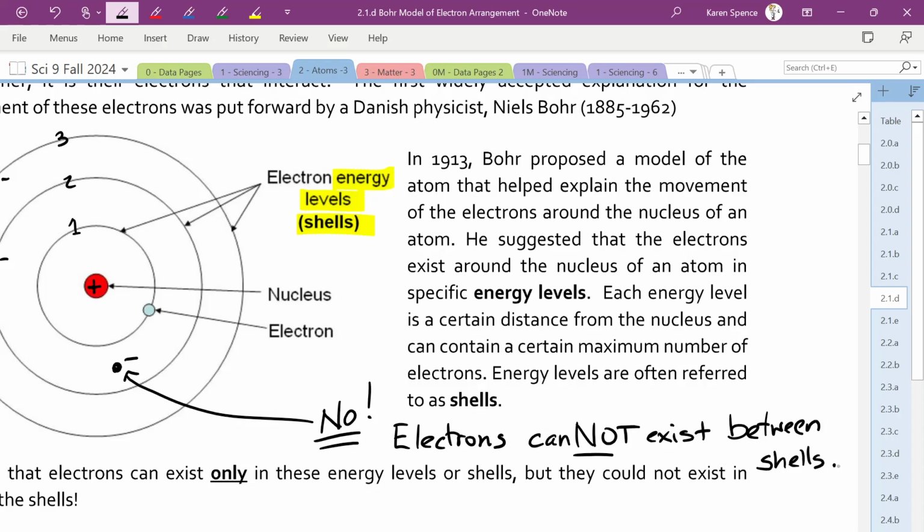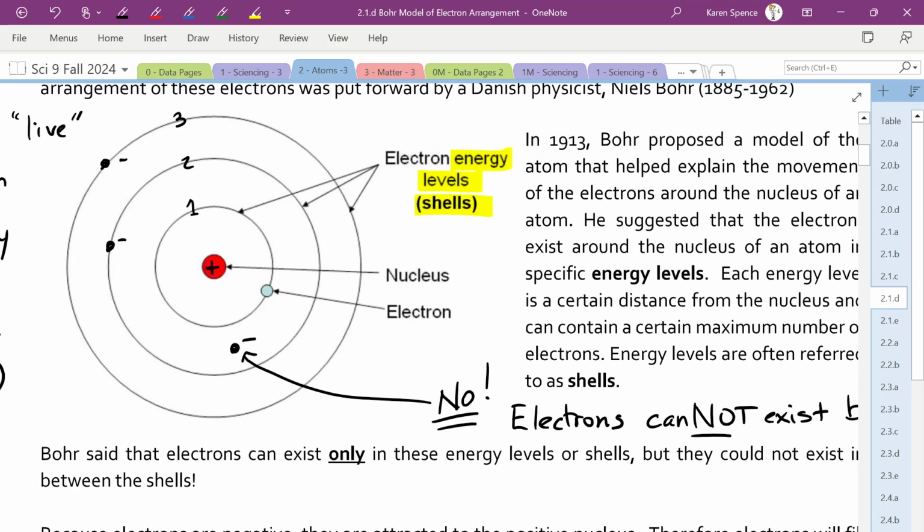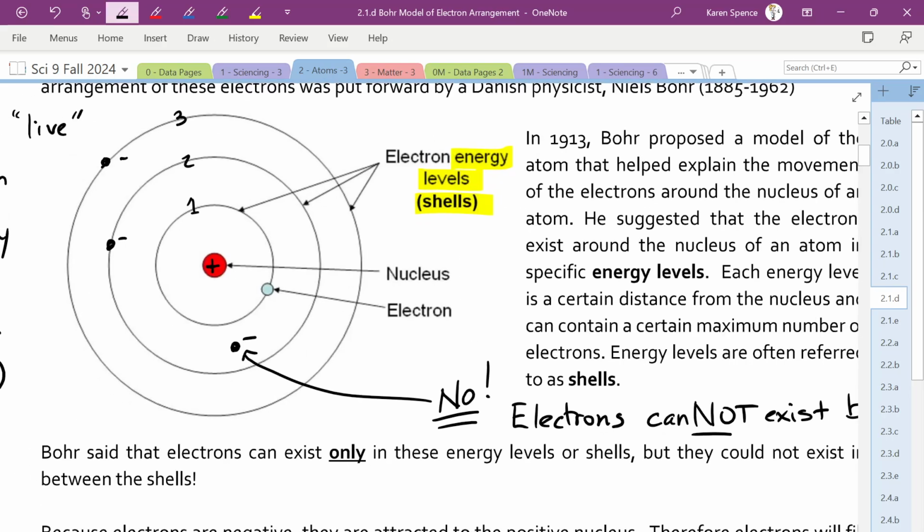And maybe that doesn't sound like a big deal yet, but it will, because I'm going to tell you something that's going to make this very strange. Electrons move from one energy level to the next energy level. They can hop up further away. So you could have an electron move up.